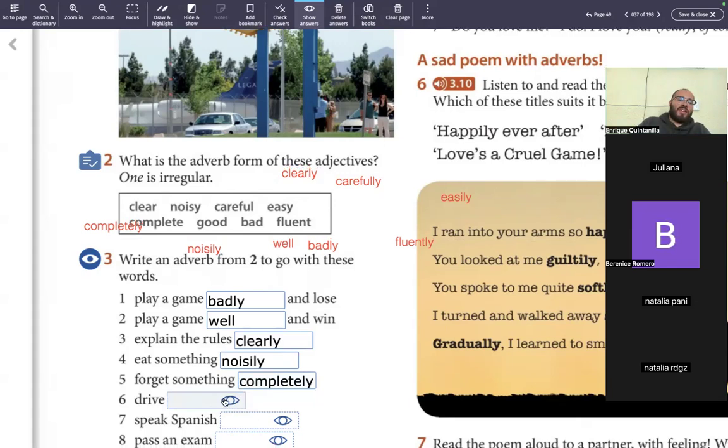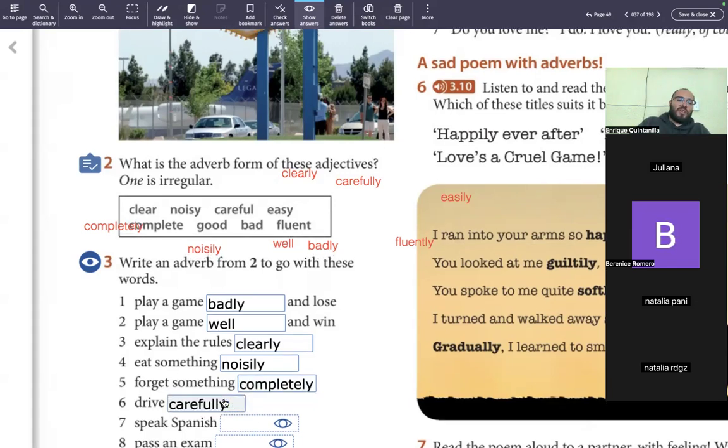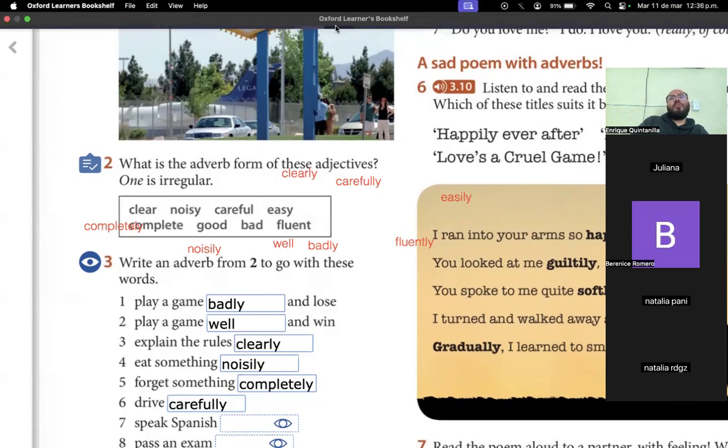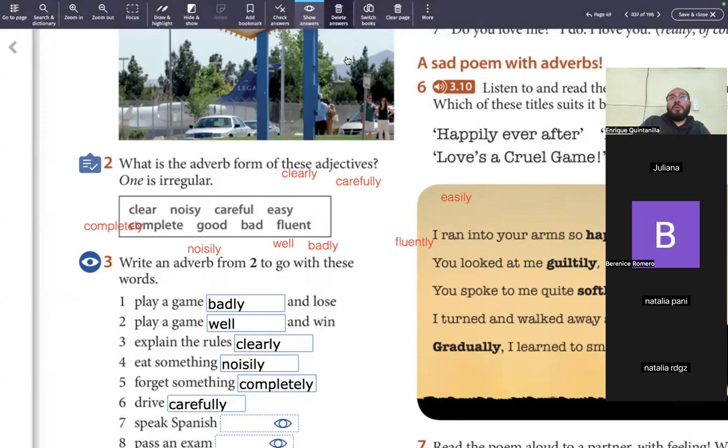Drive carefully. And the opposite of carefully, ¿cómo sería? Because some drivers here in Cuernavaca, in Mexico, around the world, for example, in India, have you watched videos in India that some drivers are crazy and they drive carelessly? Carelessly is the opposite.